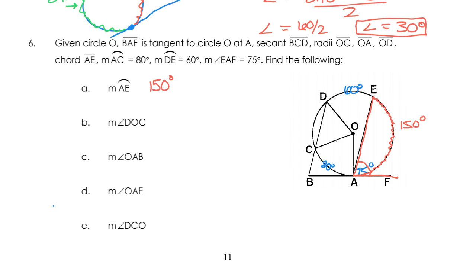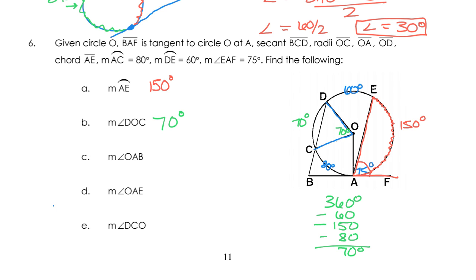Angle DOC, D to O to C, is a central angle. I have all the arcs now except for that one. So I take 360 degrees, take away the arc of 60, the arc of 150 that I just found, and the arc of 80. I only have 70 degrees left, so this arc has to be 70, which makes the central angle 70.